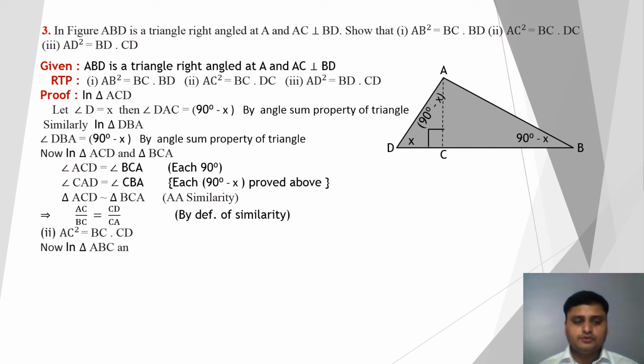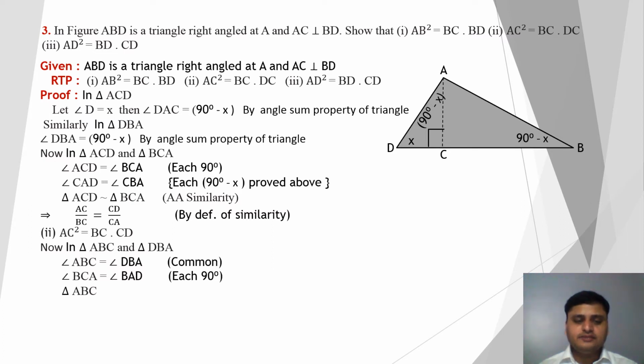Now we will take triangle ABC and triangle DBA. We are going to prove these two triangles similar again. For that, angle ABC is equal to angle DBA, which is common for both triangles. Angle BCA is equal to angle BAD, each 90 degree.